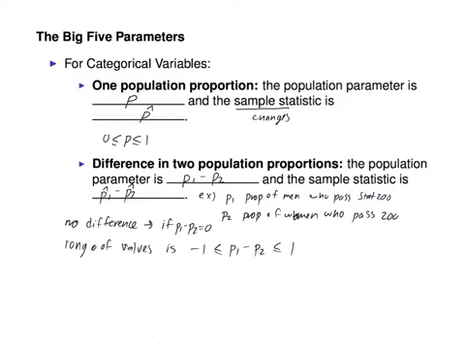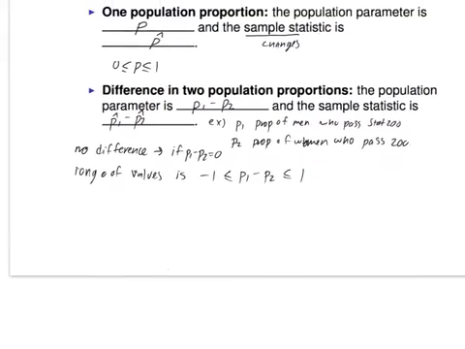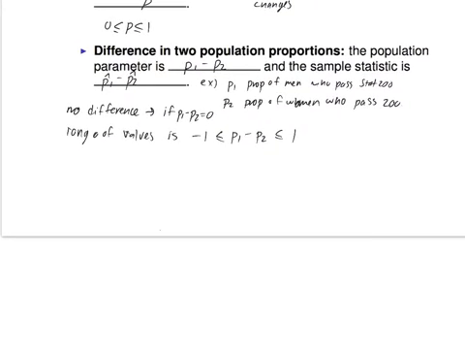So their difference could be negative. That'll happen if P2 is bigger. I can move it up if people are having trouble seeing, but the point is, with categorical data, you're looking at proportions.